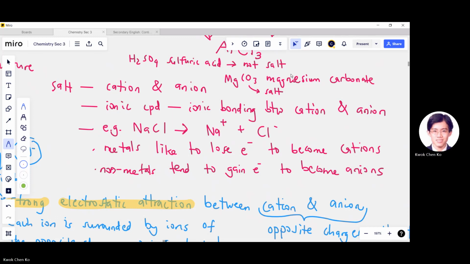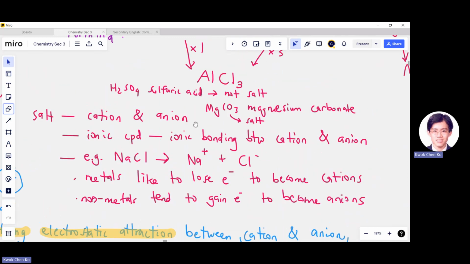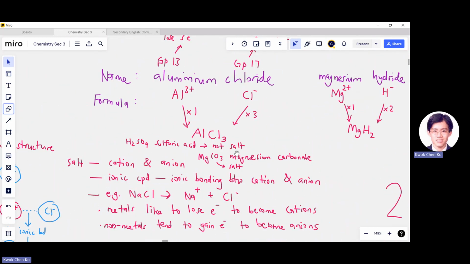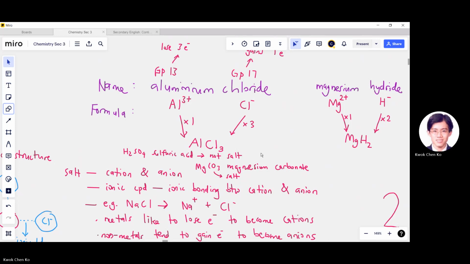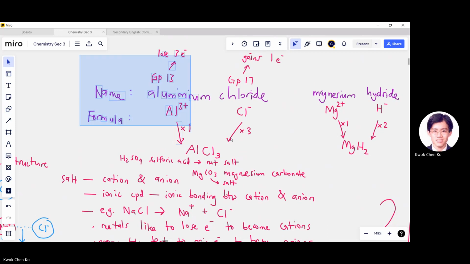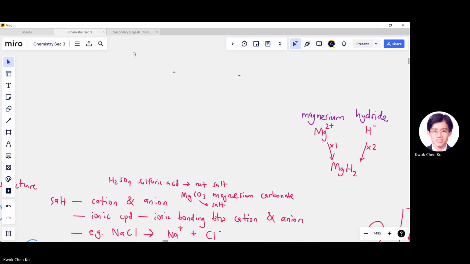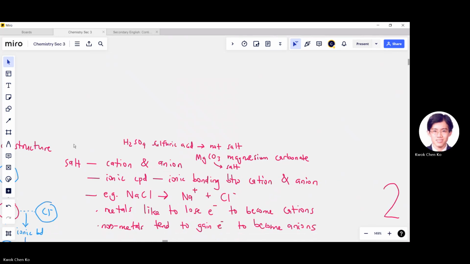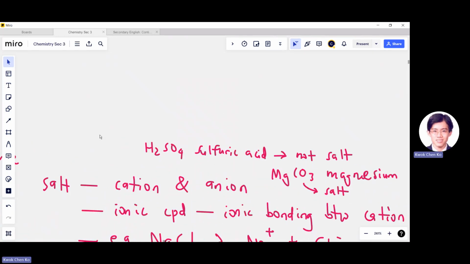So, without going into too much detail, I'll just tell you in very simple terms what is a salt. Okay, very simple. For now, all you need to know is what a salt is.